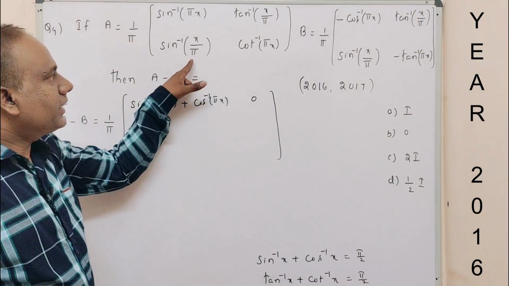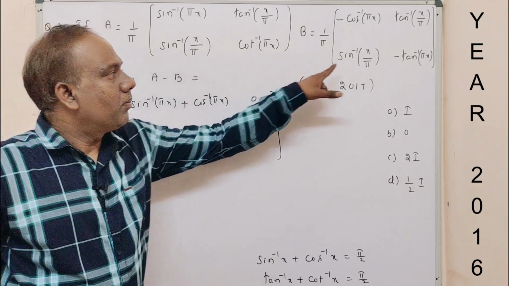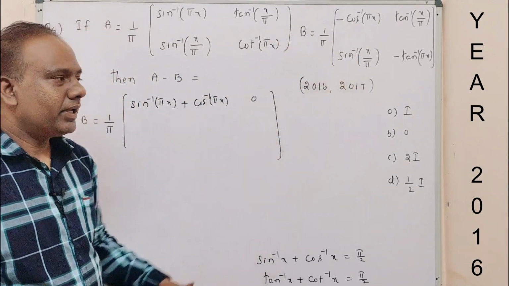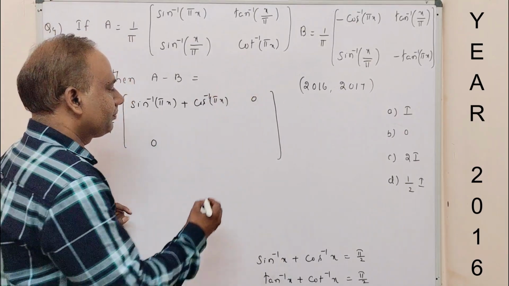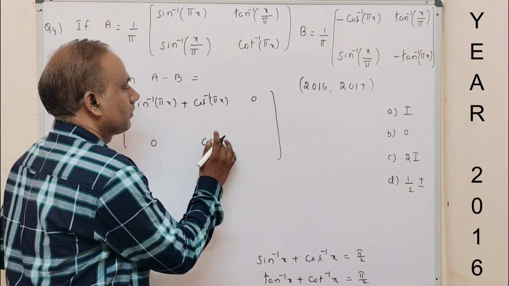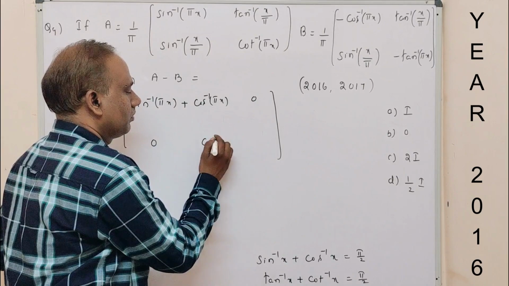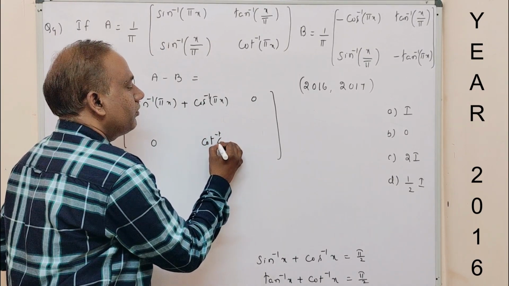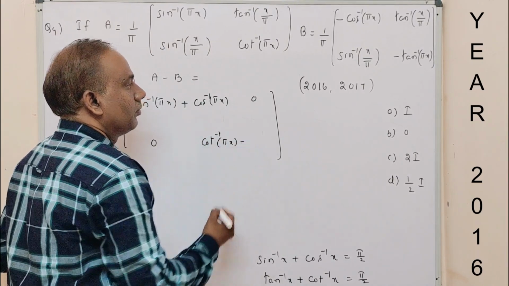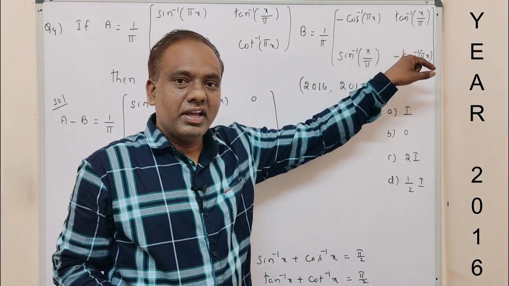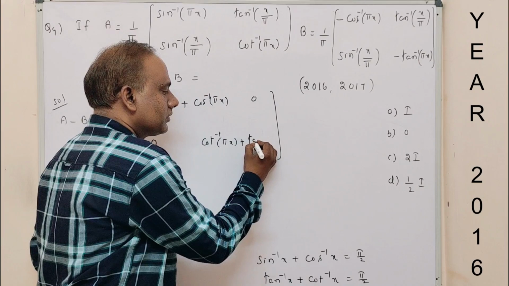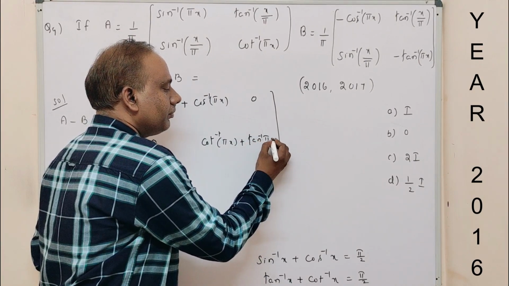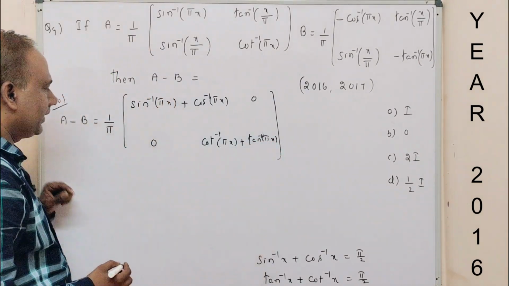Next, sine inverse of x by pi minus sine inverse of x by pi is 0. Next, it is cot inverse of pi x minus, it is minus tan inverse of pi x. No? So minus into minus plus tan inverse of pi x.